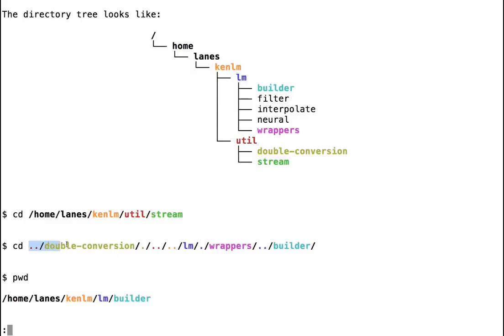And so, ../double conversion/./../../lm/./wrappers/./builder refers to home lanes kernel lm builder.